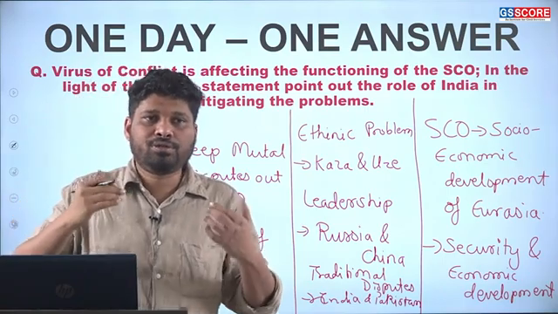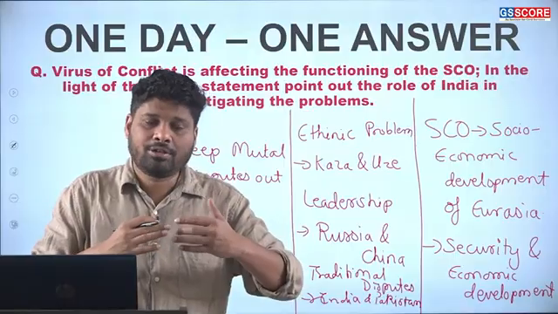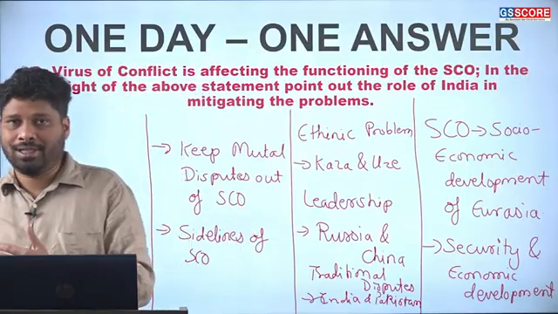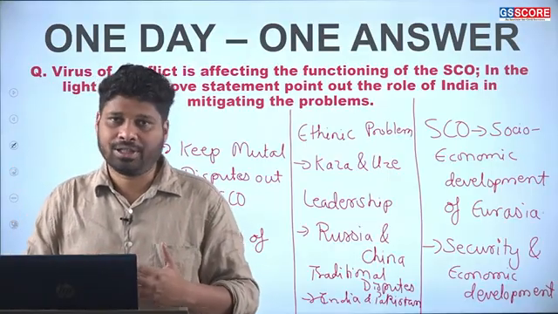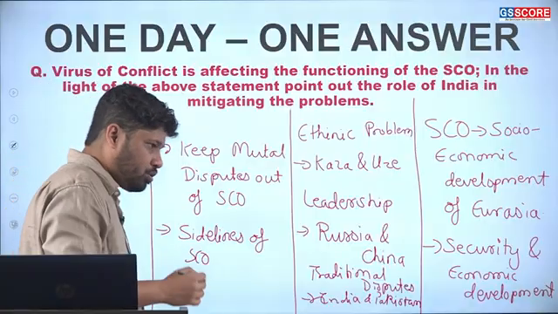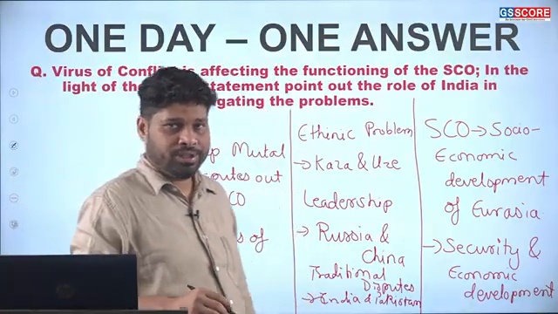Encourage other countries also to resolve the disputes on the sidelines, not in the conferences of the Shanghai Cooperation Organization, not in the summits of the Shanghai Cooperation Organization, but on the sidelines of it. Okay, so what happens is the organization is not affected by mutual rivalries. It can also be done through informal negotiations.